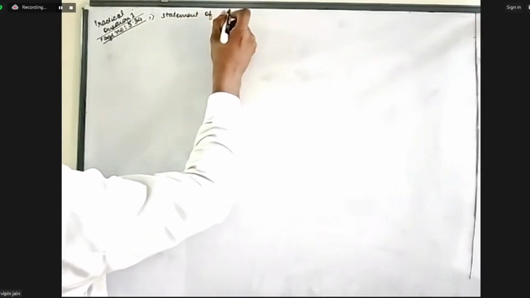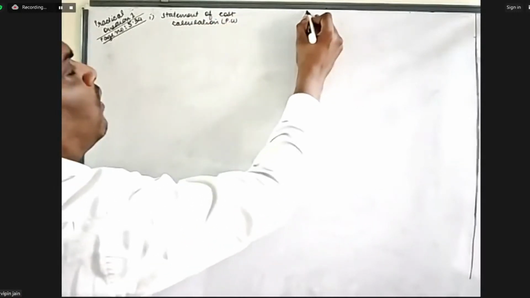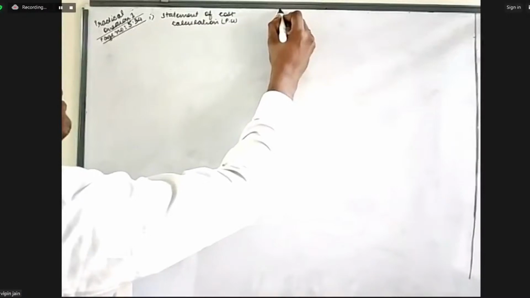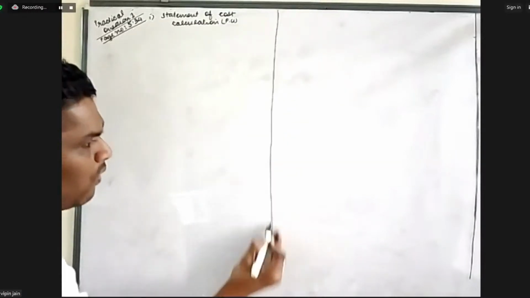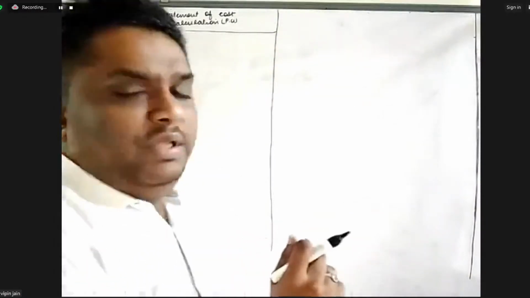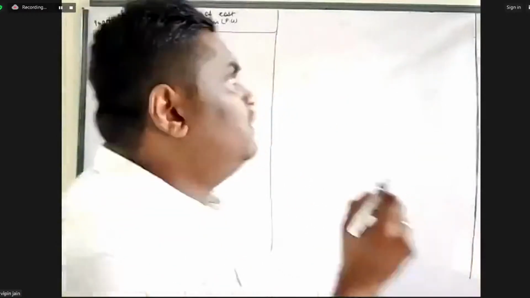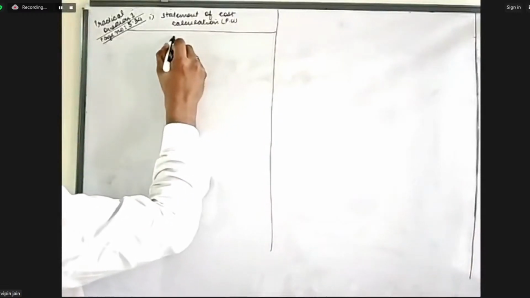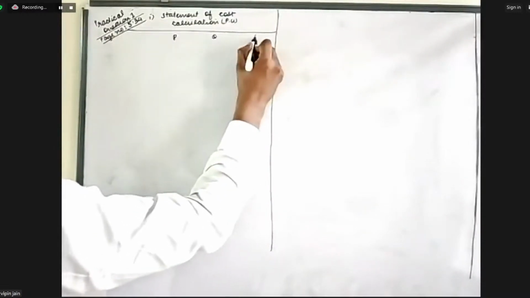So statement of cost per unit. So first point, there are three products, that is P, Q, and R. Product P, product Q, and product R.